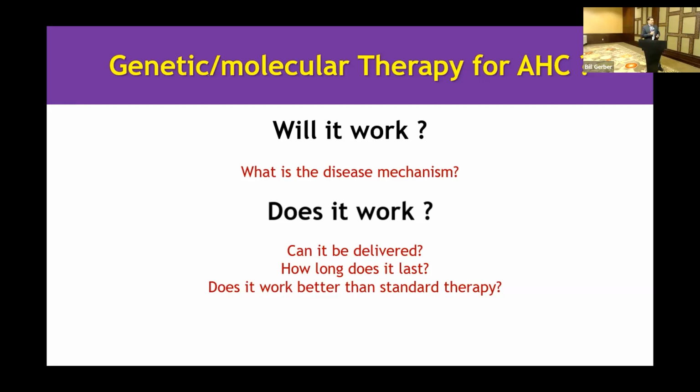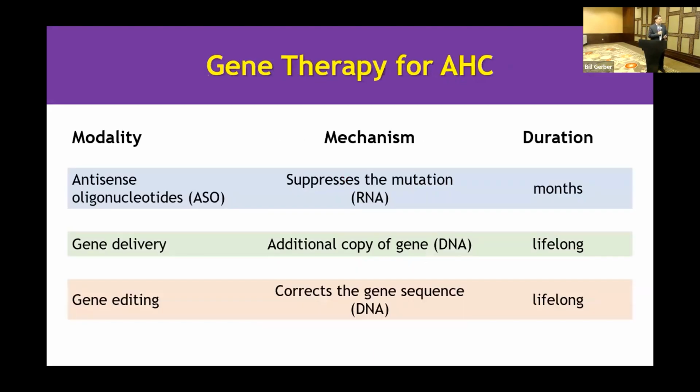And to answer these questions about does it work, one needs key data from model systems: cellular model systems, animal model systems, ideally a little of each. So these are some things that I think are actively being pursued in AHC. The first one, and they're not in any particular order here, well, the order is actually determined by the duration of the therapeutic effect.